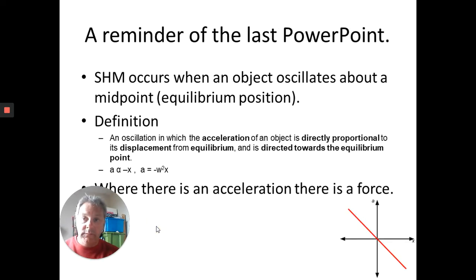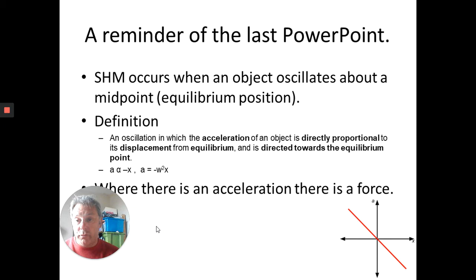Now, the last PowerPoint you saw was basically defining what SHM was. Okay, so we get it when we get an oscillation about a midpoint. But its true definition is when the acceleration of the object is directly proportional to its displacement, and it's always directed towards the equilibrium point.